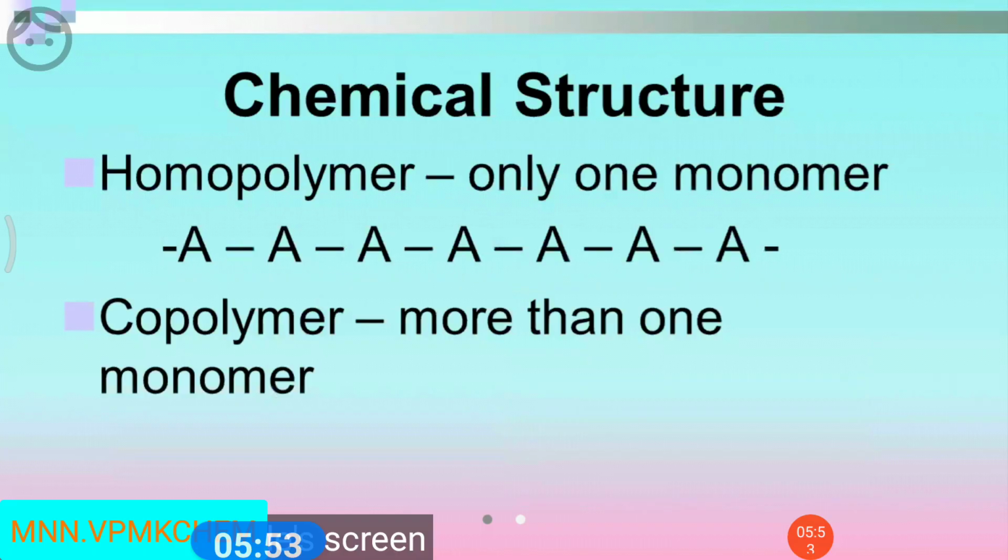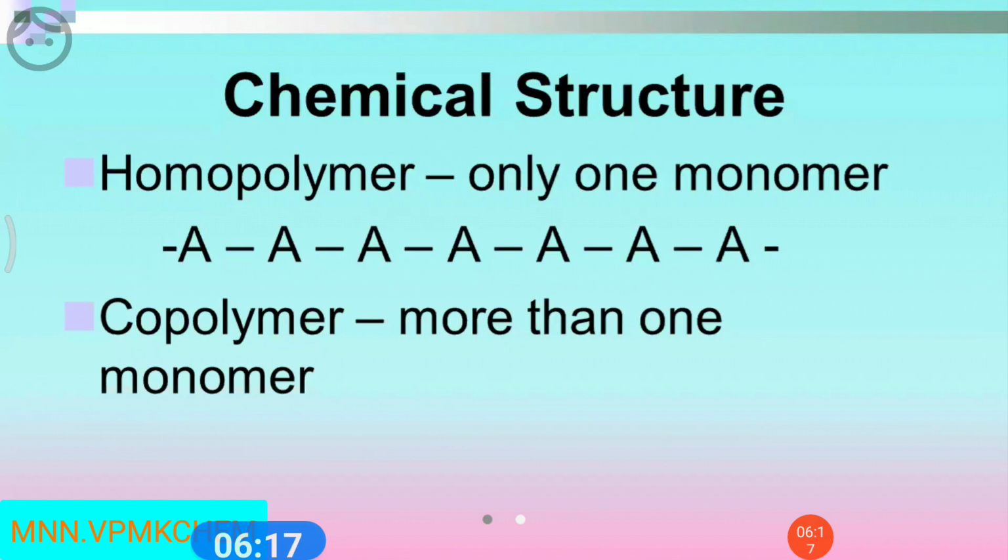Next, the polymers are classified on the basis of their chemical composition. There are two types. First, homopolymer, which consists of only one monomeric unit. For example, a polymer made up of only one monomeric unit, say A, forms a homopolymer.